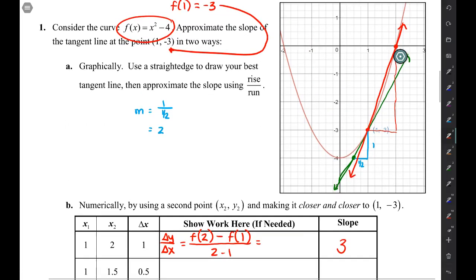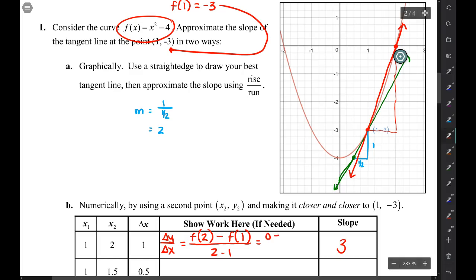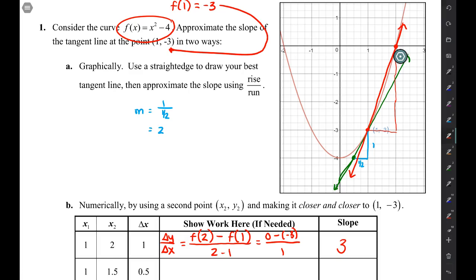My function is x squared minus 4, so 2 would give me 0. So I'd have 0 minus f of 1, which was negative 3, over 2 minus 1, which is 1. Okay, 0 minus negative 3, there's our 3. Now I've calculated that slope in a more numerical approach instead of looking at the graph.